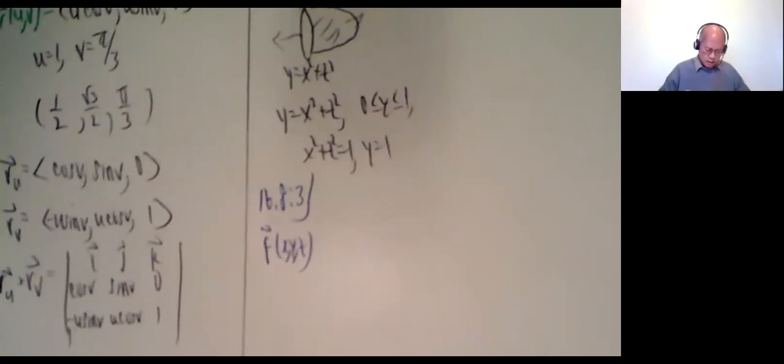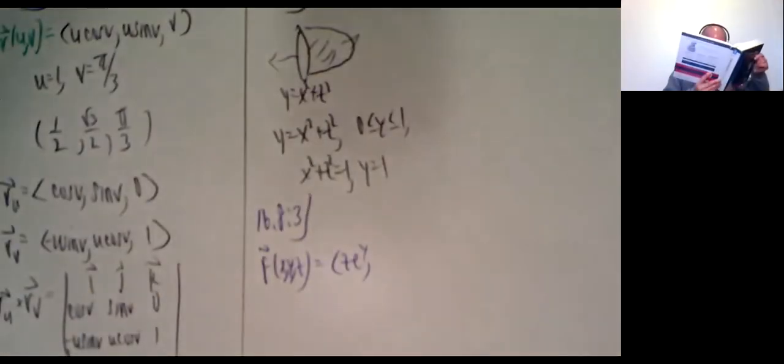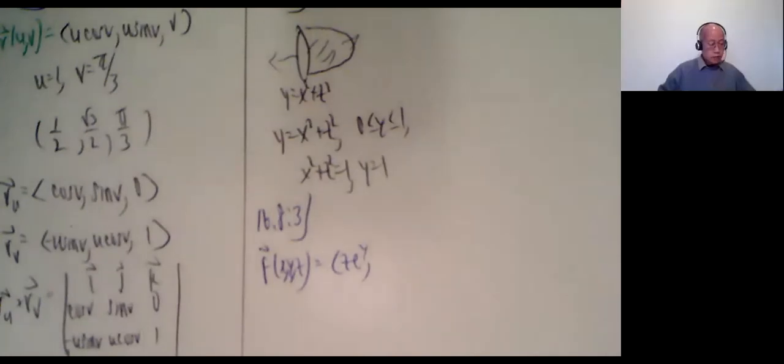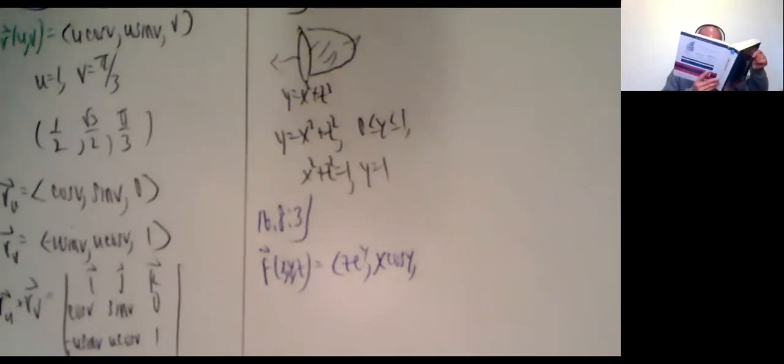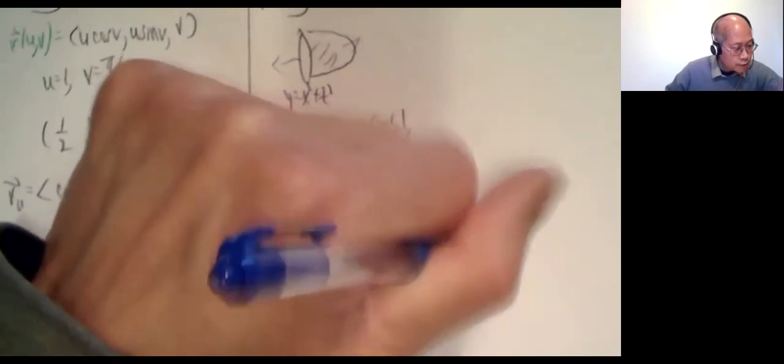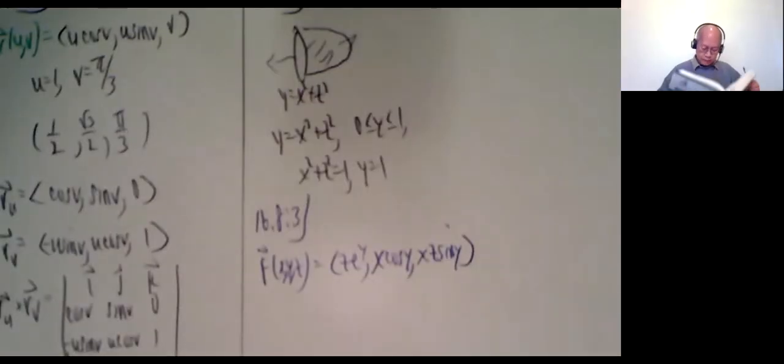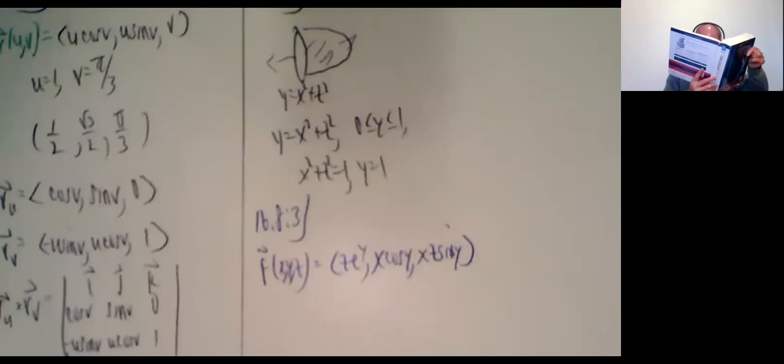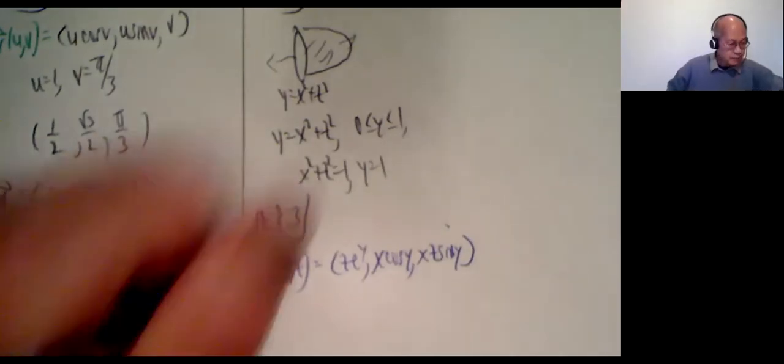Bold F of x, y, z equals z e to the y, x cosine y, xz sine y. Probably notice I did the lazy way, not putting the i, j, and k. The main thing is what's the r? S is the hemisphere x squared plus y squared plus z squared equals 16, oriented in the direction of the positive y axis.